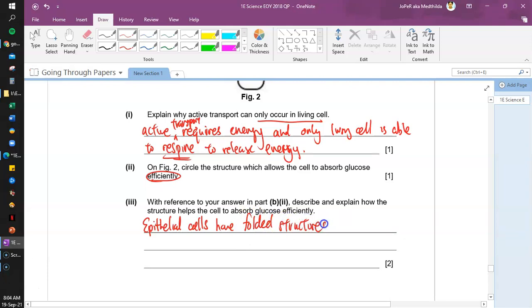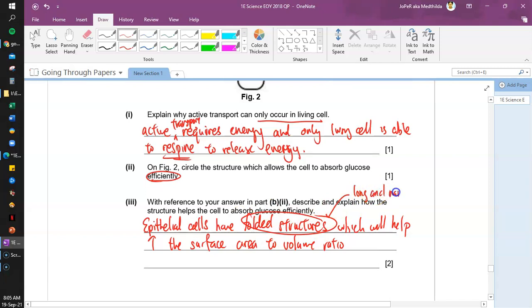These folded structures help increase the surface area to volume ratio, which helps to absorb glucose efficiently. If you say it has long and narrow structures, that is also possible, very similar to the root hair cell.